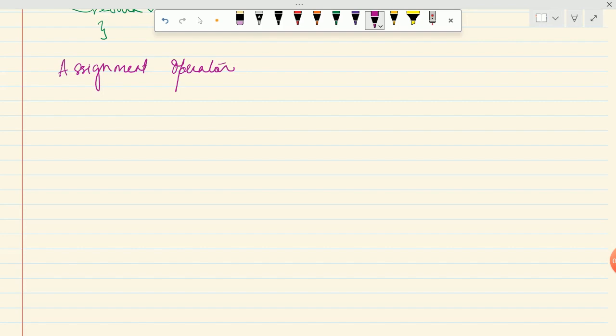The most commonly used symbol for this is equal to.